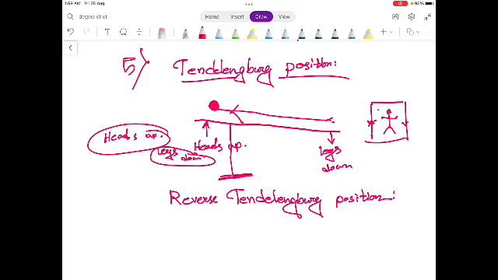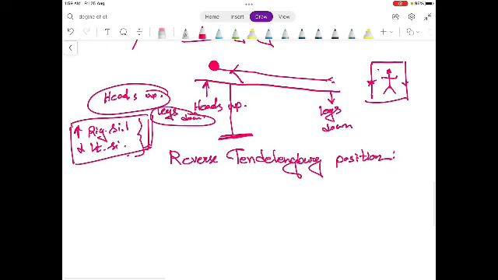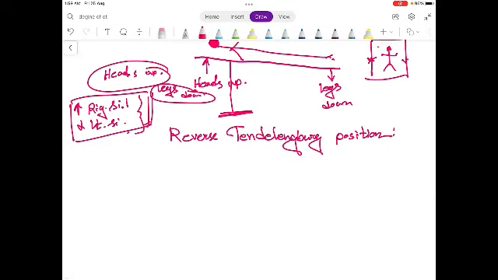For operation need, sometimes we have to do the Trendelenburg position, and the same for the reverse Trendelenburg position, that is, right side up and left side down, right? So this could be reversed.